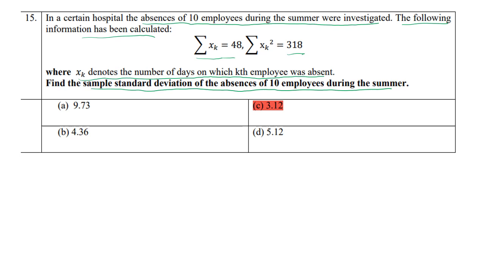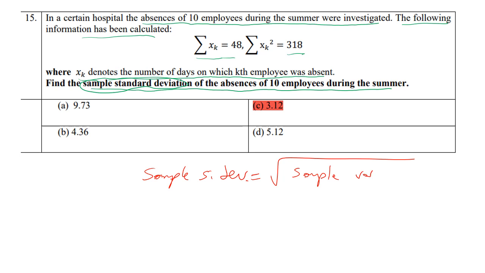Okay, now we are given 10 people and we want to find the standard deviation, especially the standard deviation of the absences of 10 people. Now, the sample standard deviation formula is this: it's equal to the square root of the sample variance.